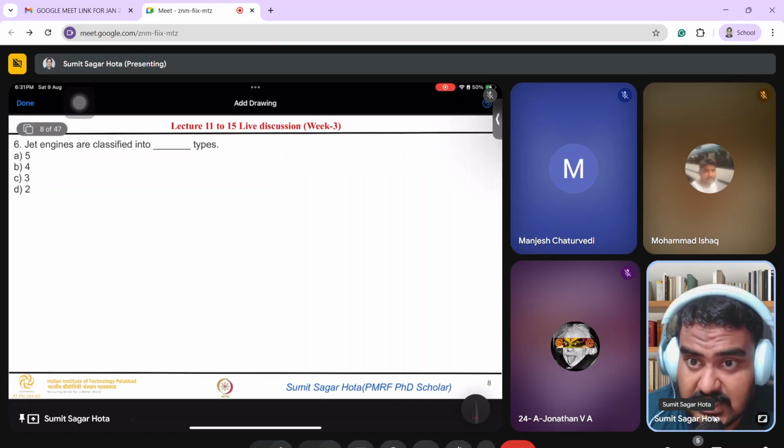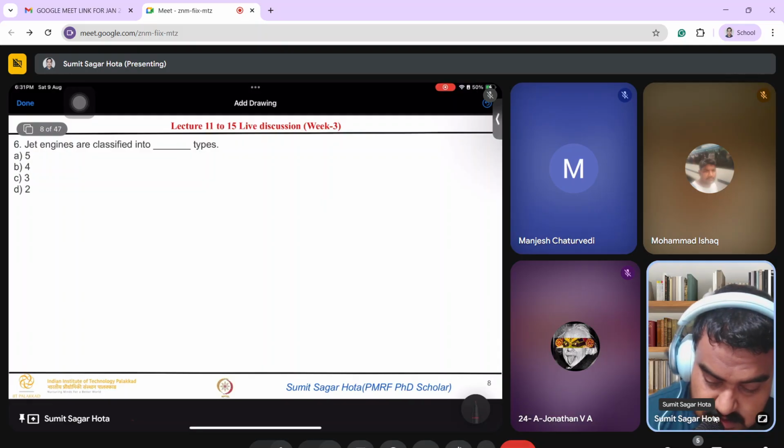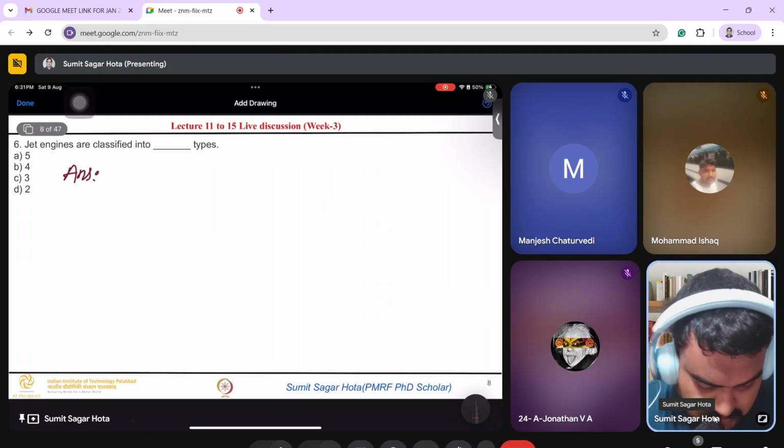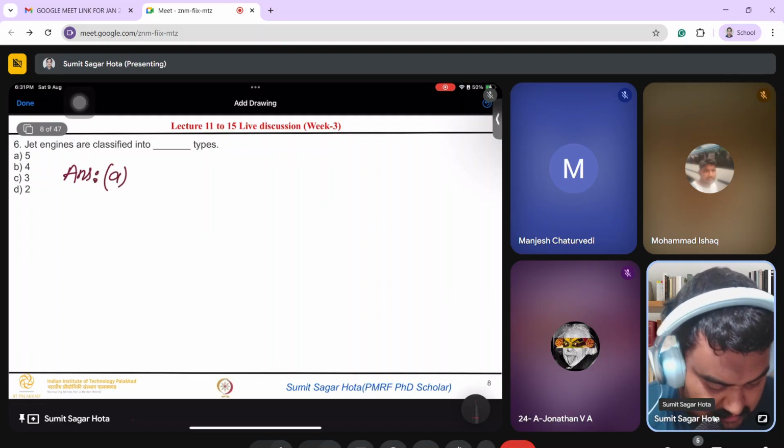Jet engines are classified into dash types. Jet engines are classified into 5 types. What are those? I'll write them down.